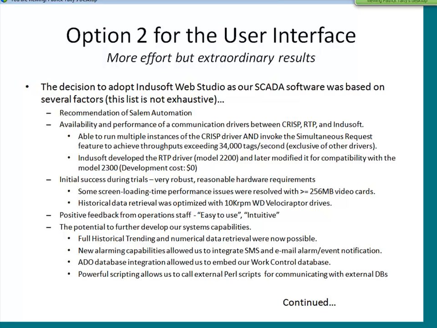You could even go higher than that, depending on, again, what the operational conditions are. But it really made a very strong statement that this is a product that had very, very fast data handling routines, and it would run on reasonable hardware. I didn't have to go out and buy $7,000 servers to run InduSoft.